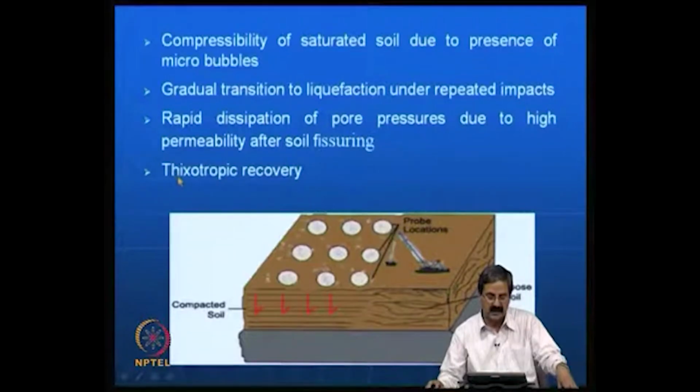Then there is what is called thixotropic recovery. The thing is that so much energy is imparted into the system, and with time there is also a mobilization of strength because of all these other three effects.